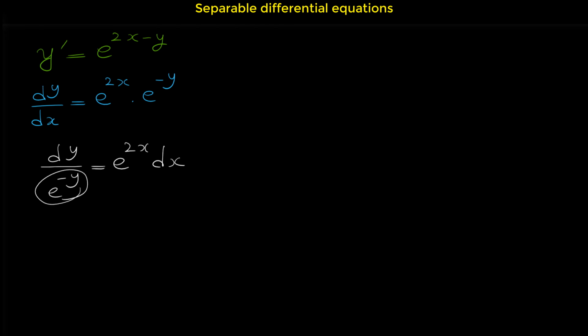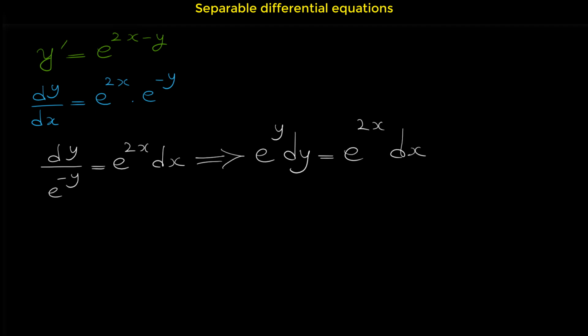Note that we can bring e to the negative y to the numerator and write it in the form of e to the y, changing the sign of the power to positive y. So e to the y dy equals e to the 2x dx. Now that the differential equation is in the form of a separable differential equation, we can integrate both sides of the equation to find the answer of this differential equation.